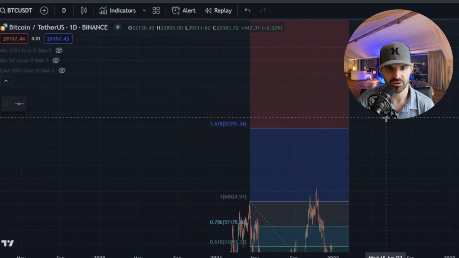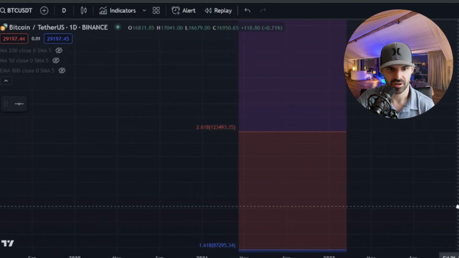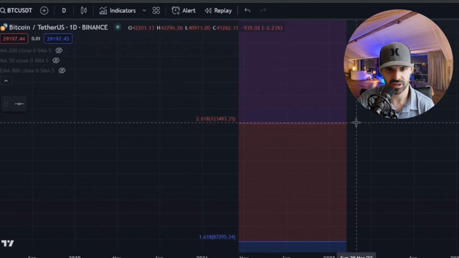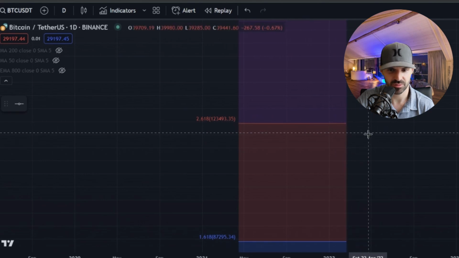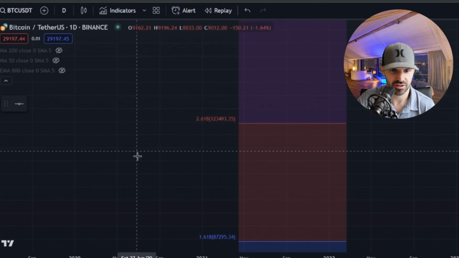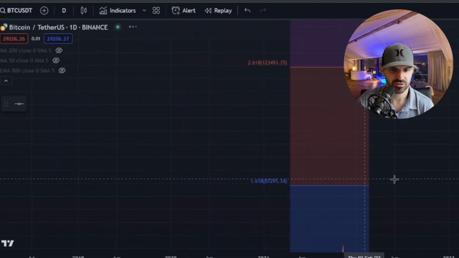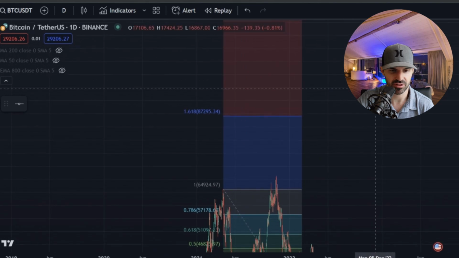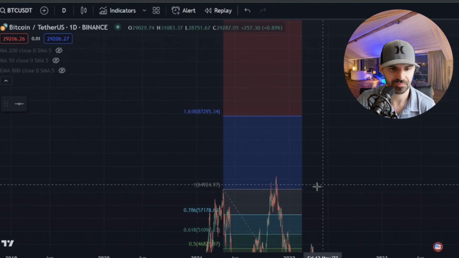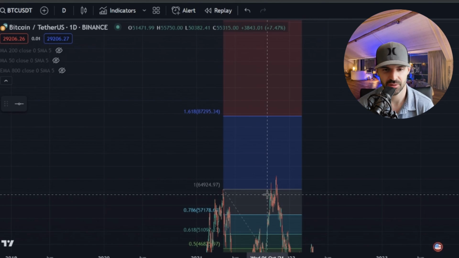Even if we went up higher, to the 2.618, this was reading at just over 120,000 for the price of Bitcoin. I do believe at some stage we will see these price levels in the next bull run. But yeah, this is also a way you can predict future prices of a coin or a stock for that matter. I hope this helps.